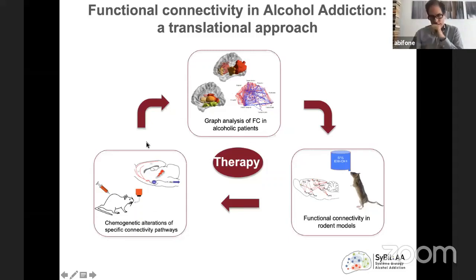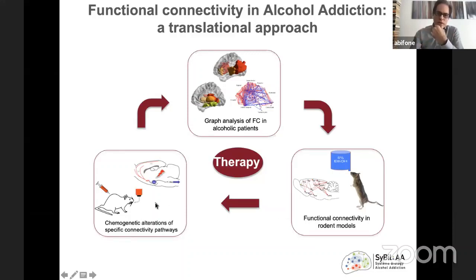So we undertook a complex translational approach within this large consortium, and we tried to make some studies in humans to nail down which parts of these networks are particularly involved in alcohol dependence. We tried to reproduce these observations in animal models to figure out whether they are predisposing factors or whether they are the effects of alcohol consumption.